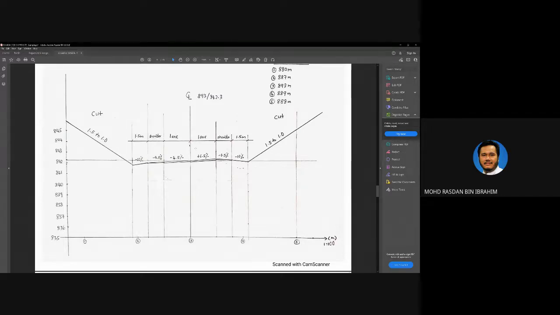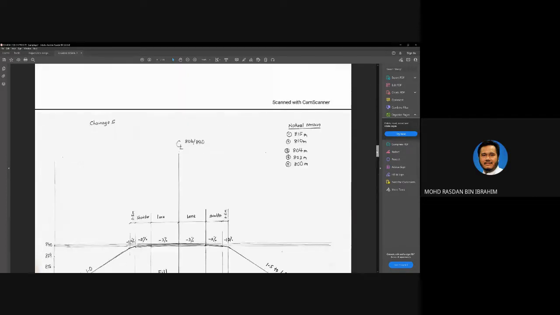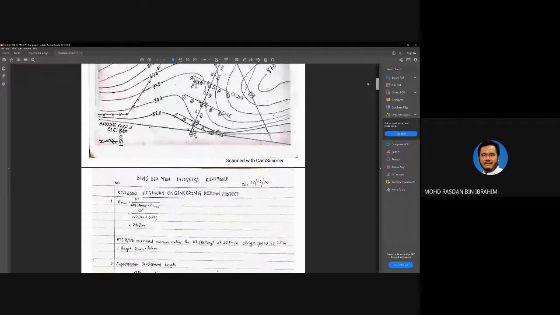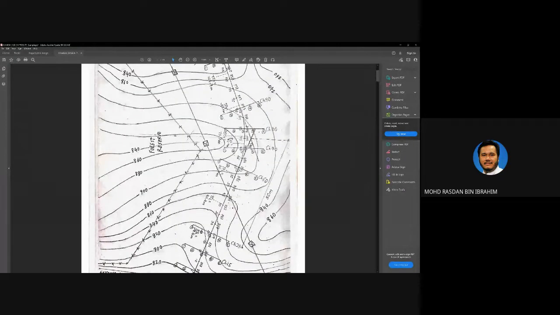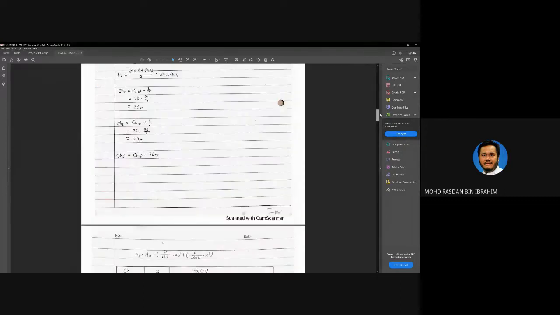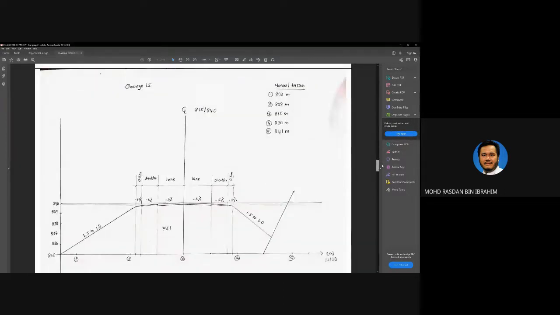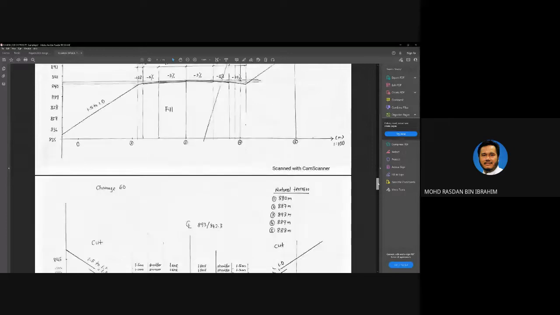The more you get into the middle of the curve, this is the starting of the curve over here. As you enter the maximum part of the curve here, the super elevation is going to be higher.